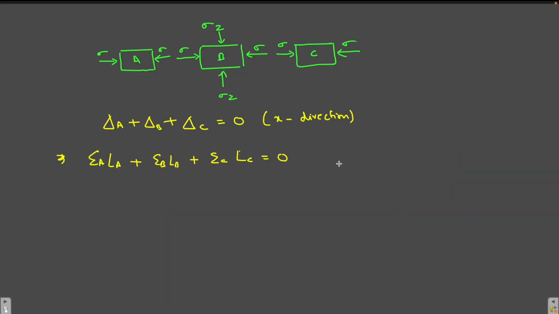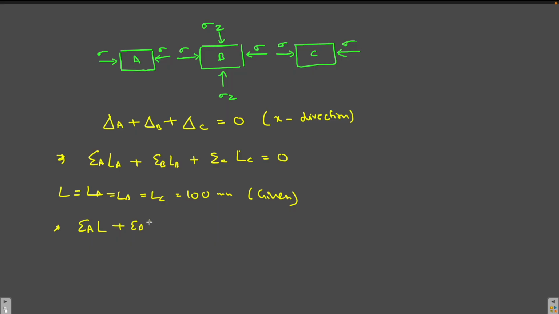That LA, length of A, is equal to length of B is equal to length of C is equal to 100 mm. This is given to us. So from here can we write that strain in A into length? Let me just write this as length only, because LA is equal to LB is equal to LC. Let this be equal to L.